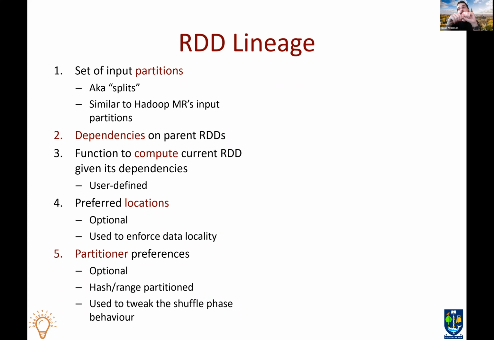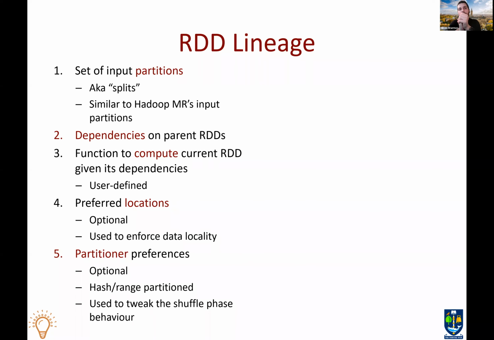But let's say we have an RDD created by reading stuff off HDFS, and then we apply a map to that. For the map RDD, or the RDD that is the output of the map transformation, we need to record what the splits are, and then for every split, what split in the parent it was created by.